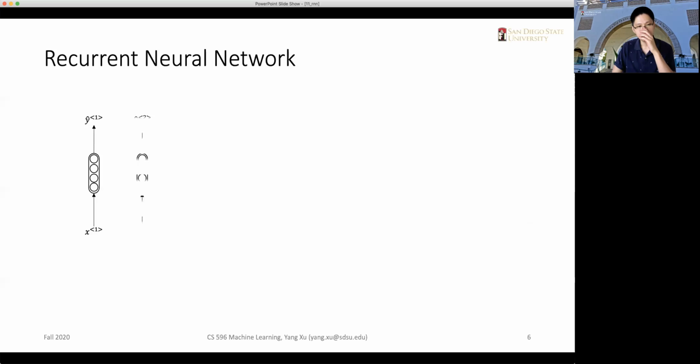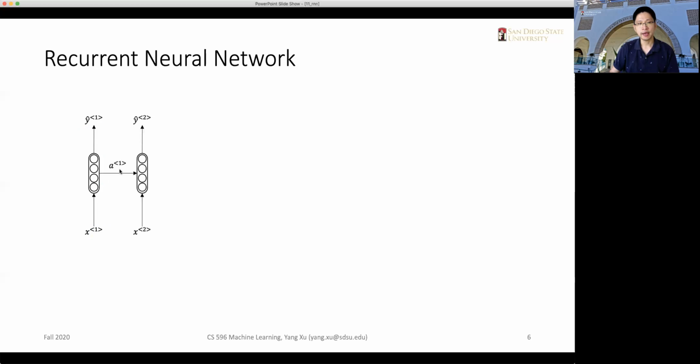Okay, so in this example, at the first time step, the first word x1 is fed to the neural network, and some output prediction, y hat 1, is computed. And also some internal hidden representation is passed to the second time step.